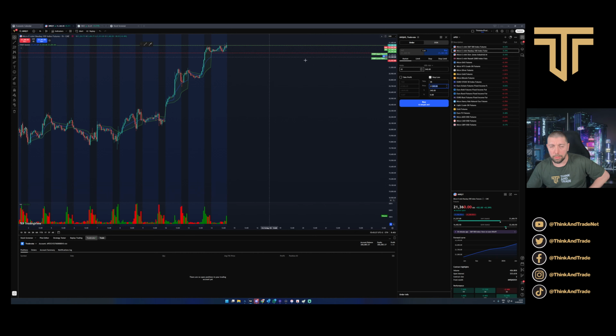Usually I really don't like wicks, especially if they're larger than the body of the candle, more or less.